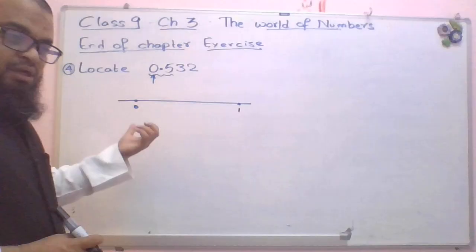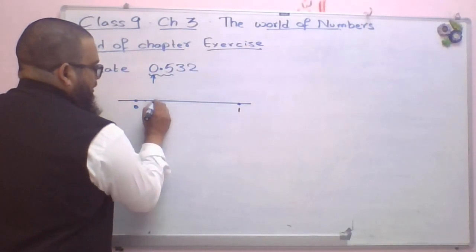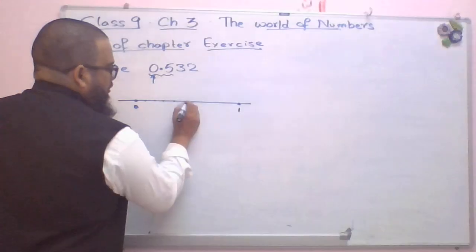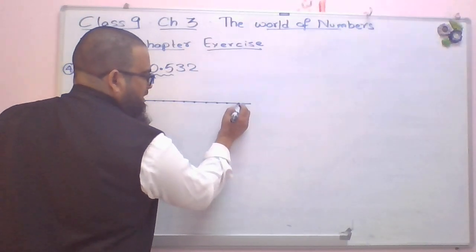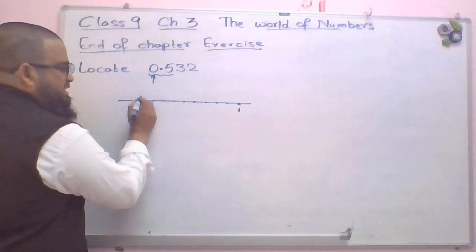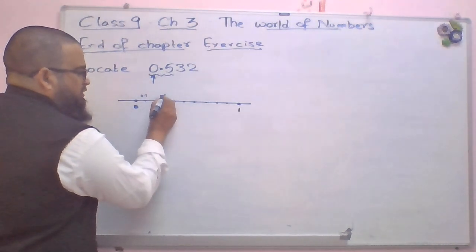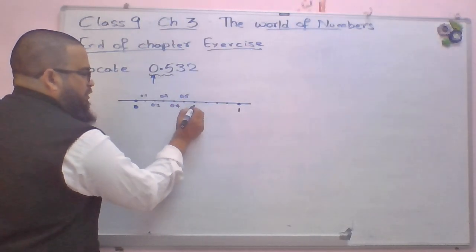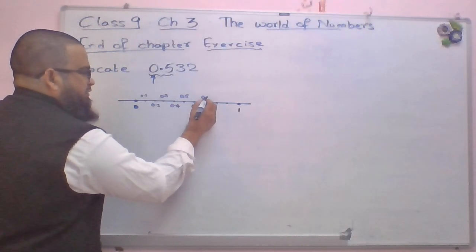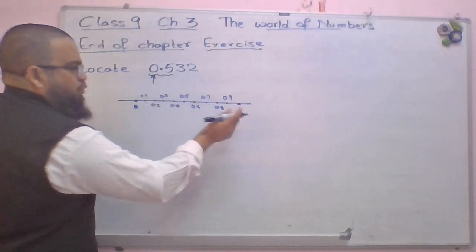So 10th part. Let us make 10 parts out of it: 1, 2, 3, 4, 5, 6, 7, 8, 9, and this is the 10th part. So this is 0, 0.1, 0.2, 0.3, 0.4, 0.5, 0.6, 0.7, 0.8, 0.9 and 1.